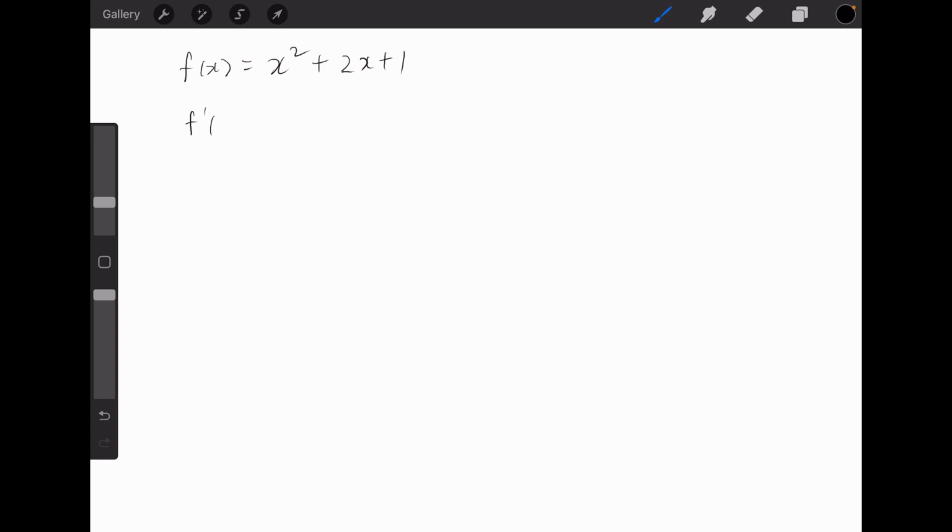So the first derivative of this function would be 2x plus 2, and I need to set it to 0 to find the critical point, and I will get x equals -1 as a critical point.